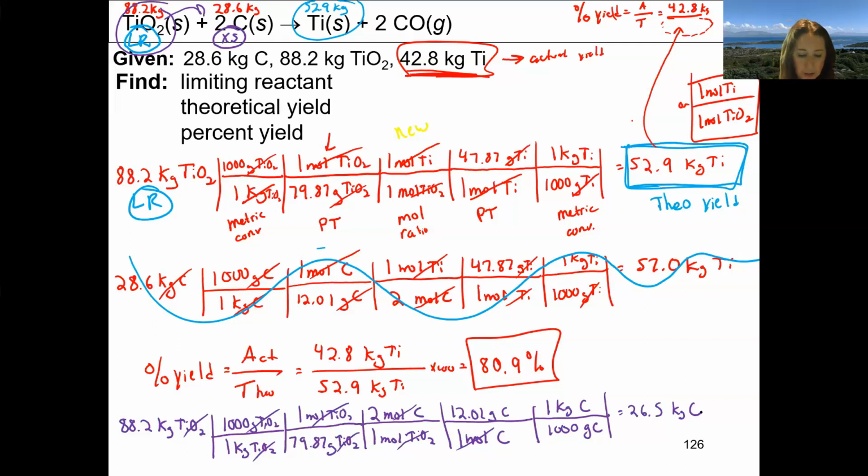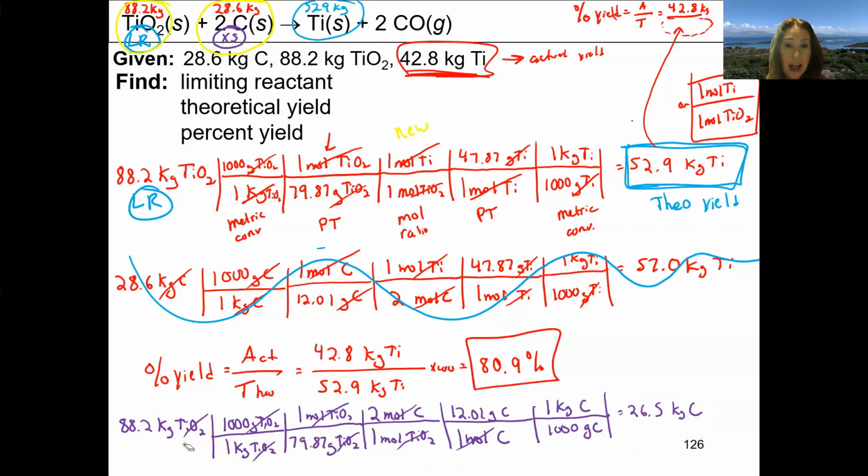When I use all 88.2 kilograms of my limiting reactant, I need 26.5 kilograms of carbon. So I have 28.6 kilograms of carbon, but I don't use it all. All we use is 26.5.